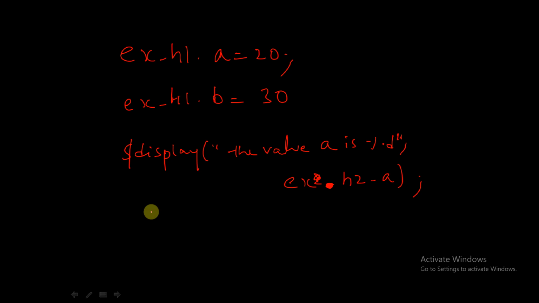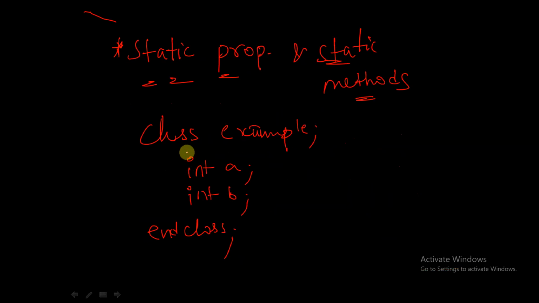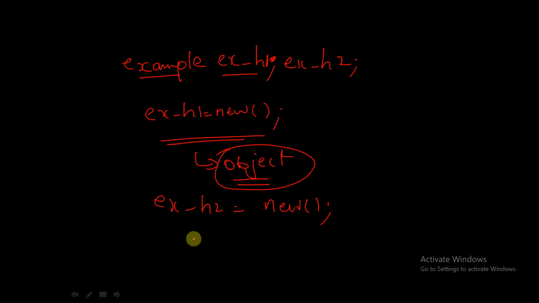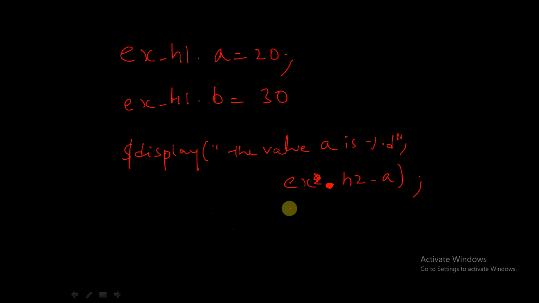So the default value will be printed since it is an int, right? Yeah. So the value of a will be equal to 0 that will be printed. If we had written ex_h1.a, the value of a would be 20 and that would be printed. Okay. I think up to here it is clear.